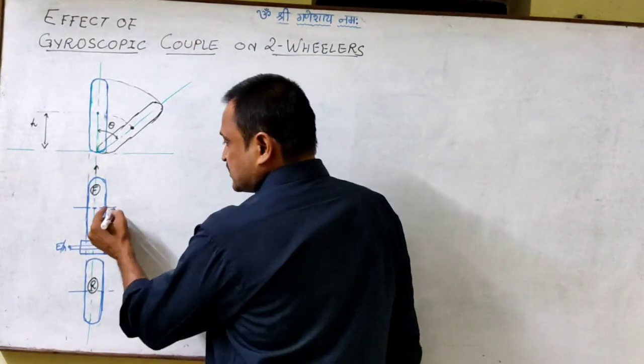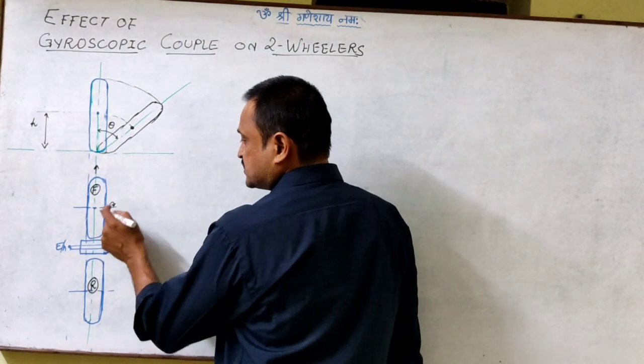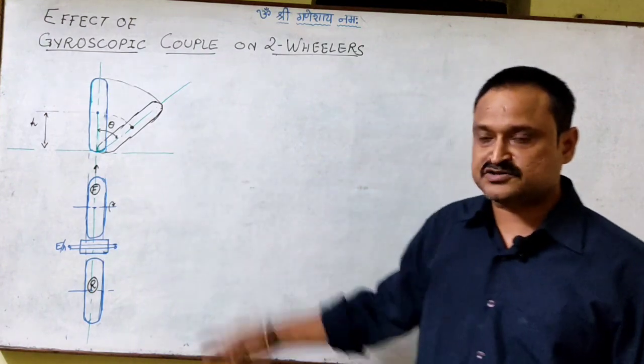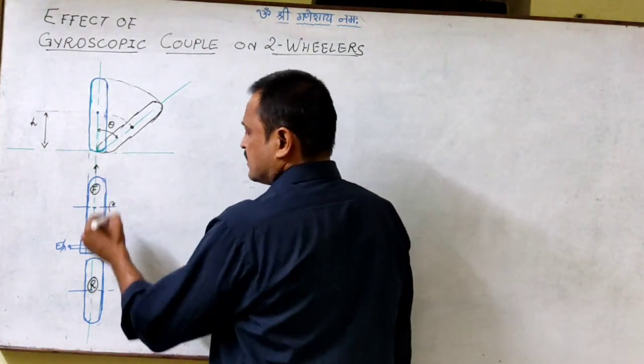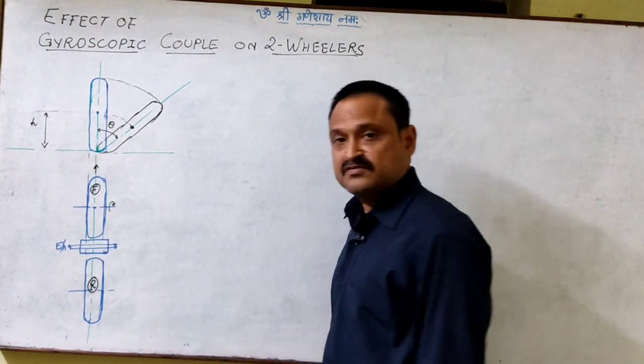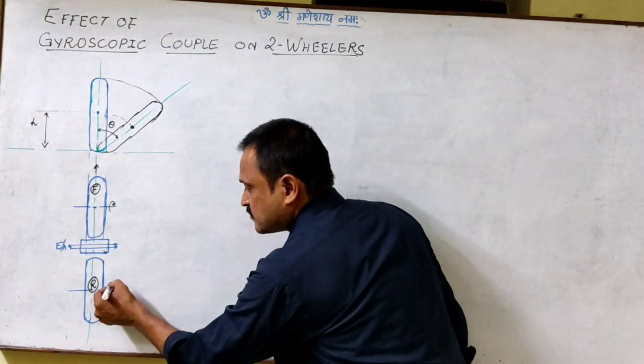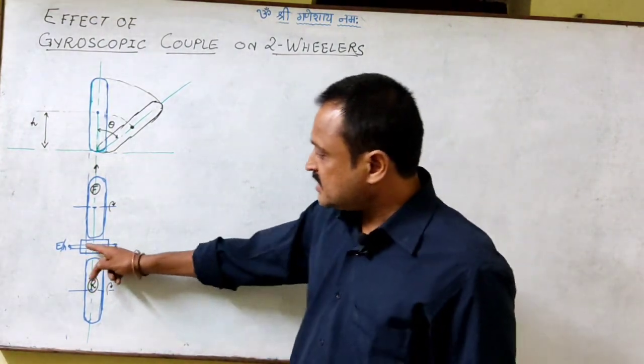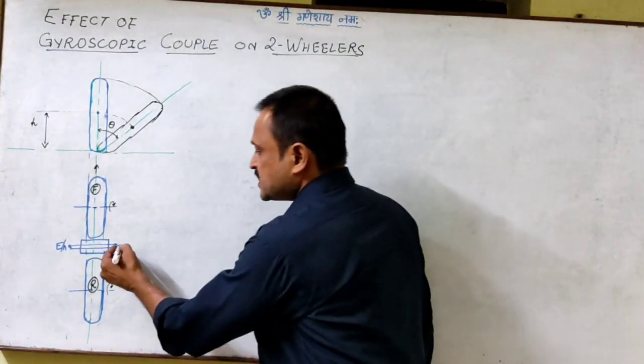This is the axis of rotation of the front wheel, this is the axis of rotation of the rear wheel, and here we have considered the engine axis.